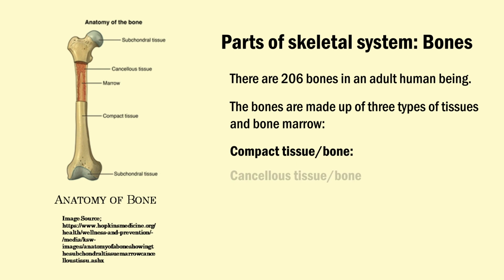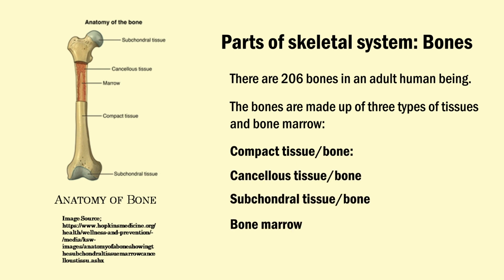First one is cancellous tissue, next is compact tissue and last one is subchondral tissue. The compact tissue, also called compact bone, is the harder and outermost layer of the bone. The cancellous tissue or bone is a sponge-like soft tissue inside the bones, and the last one is subchondral tissue or bone.